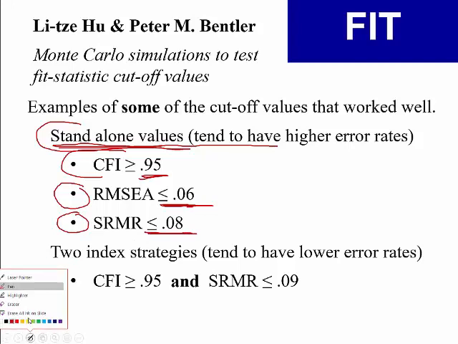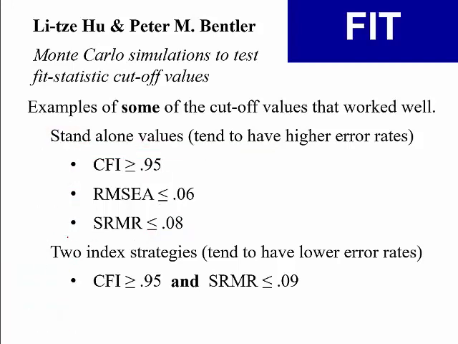But actually a better approach, and this is the one that I'm going to suggest that you use in this class and in the future, the one that I pretty much almost always use myself, is what would be called a two-index strategy. In their paper, again, they have many different two-index strategies that you could possibly use. The one that I like uses the comparative fit index and the standardized root mean residual together.